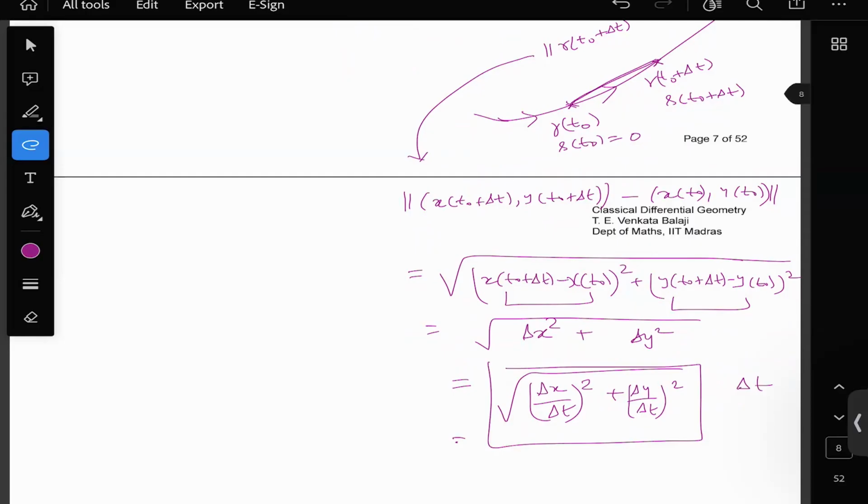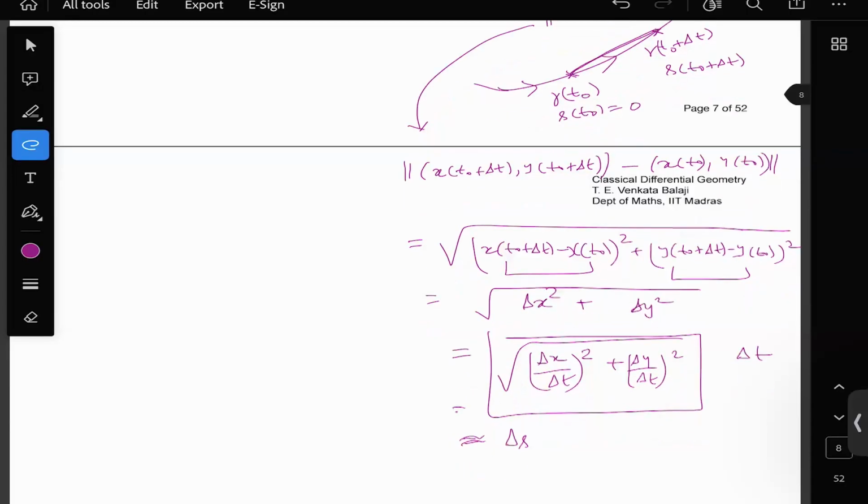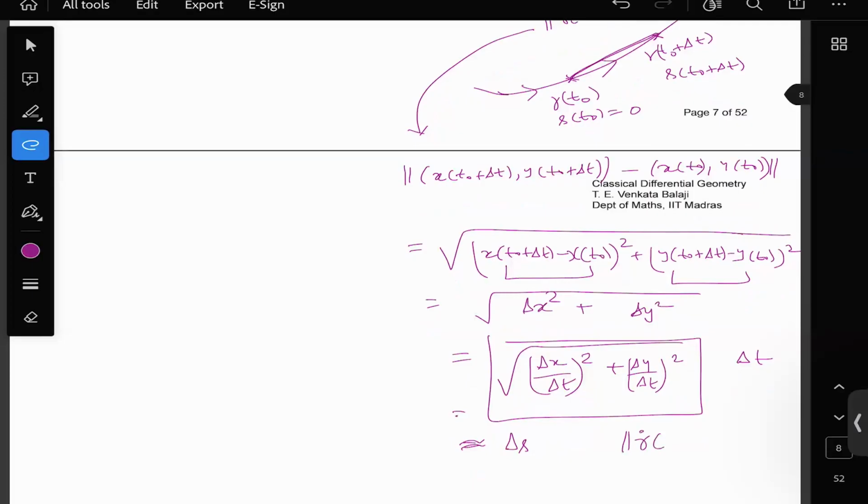This is approximately delta s, the arc length, and when you take the limit, then this is ds by dt. So I just want to tell you that norm gamma dot of t is just ds of t by dt.